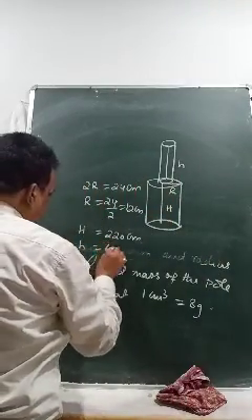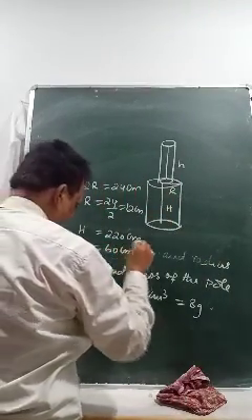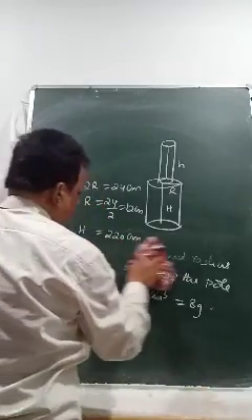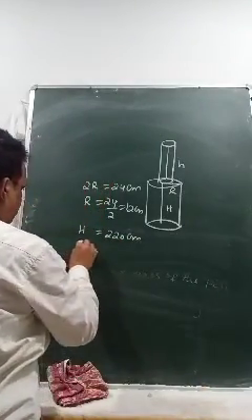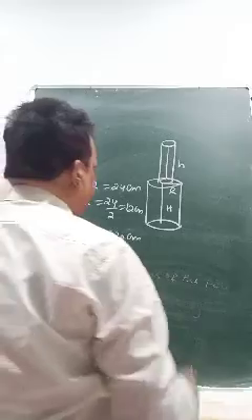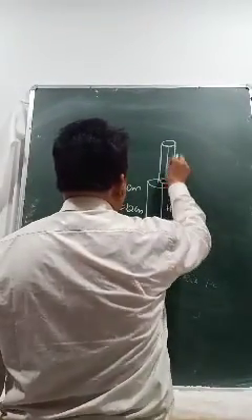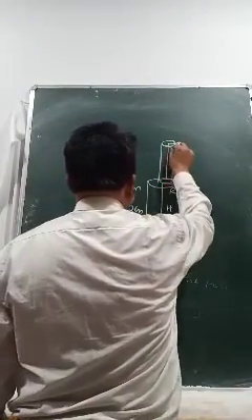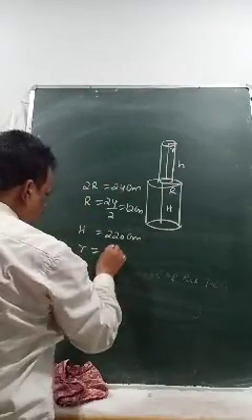Small h equals to 60 centimeter. Small r equals to 8 centimeter.